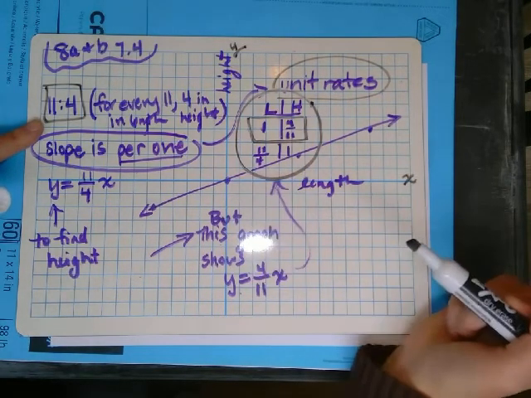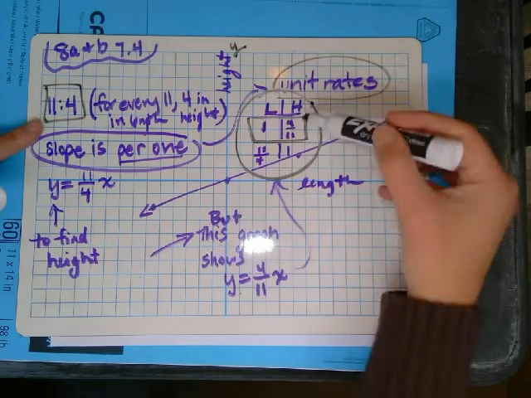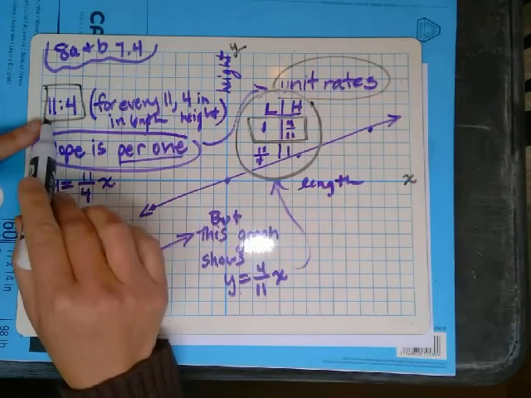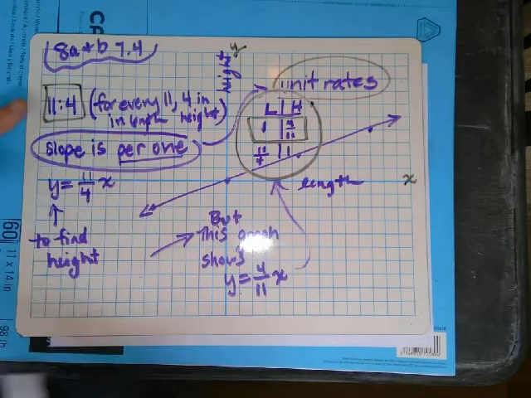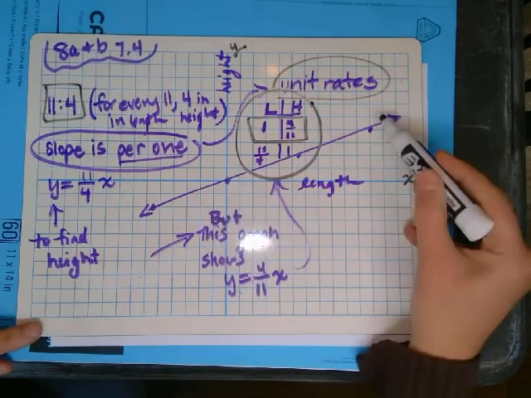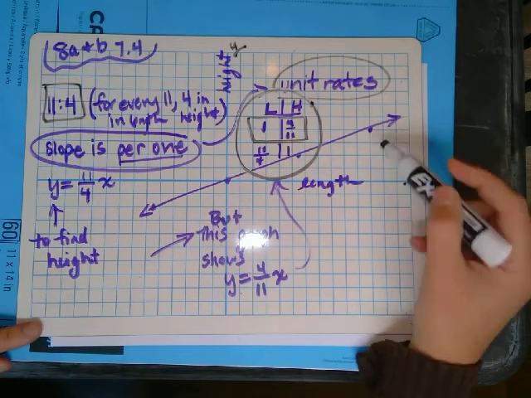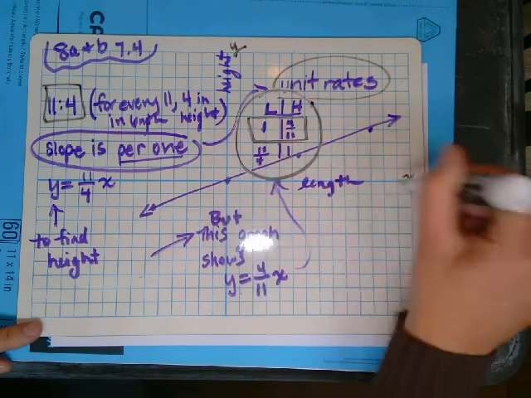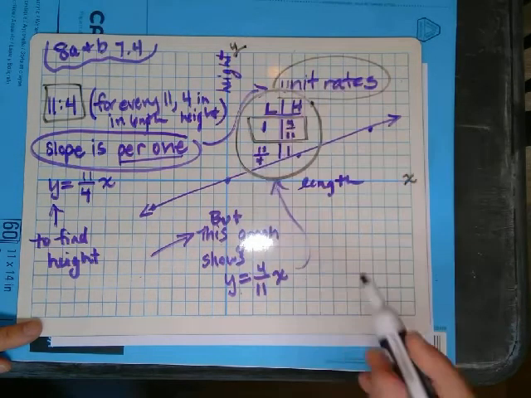So it's a little bit hard to see, of course, on this graph. But we're staying in the same ratio of 11:4. So if we were to write an equation for this line in that ratio, we are using x as my length and y as my height.